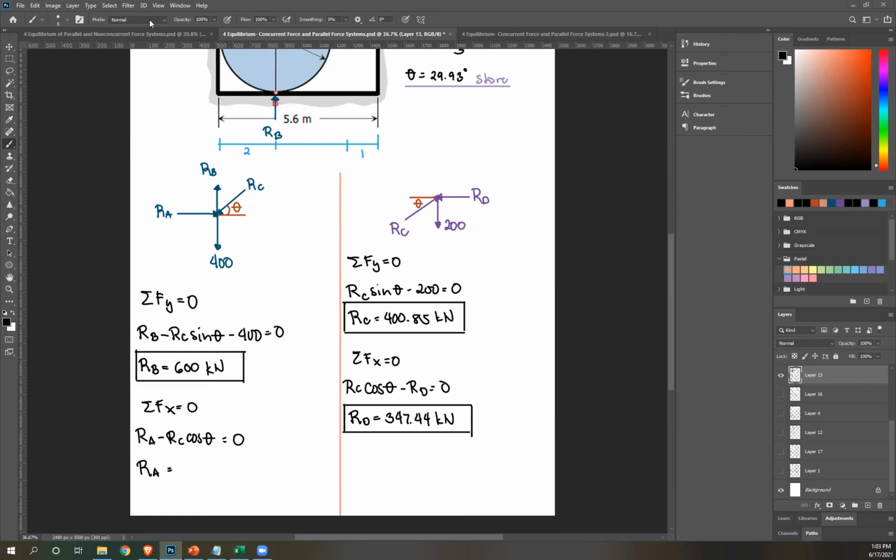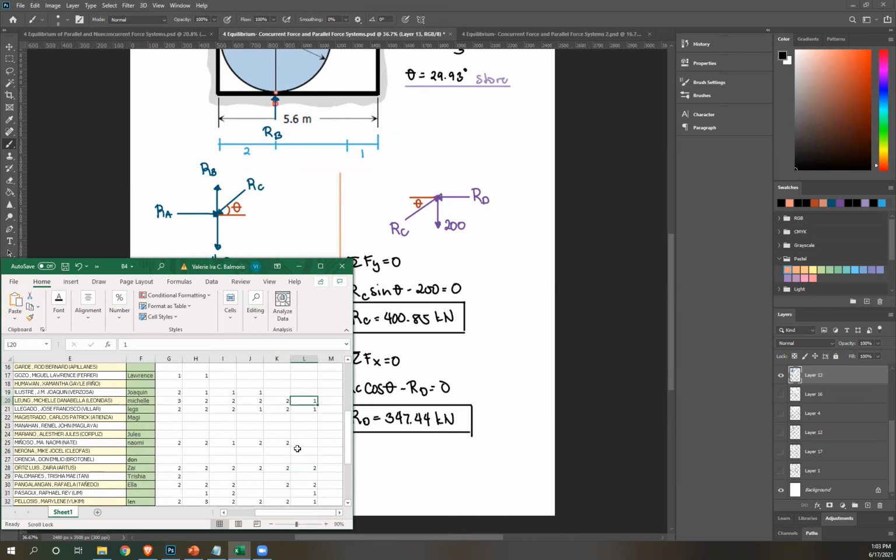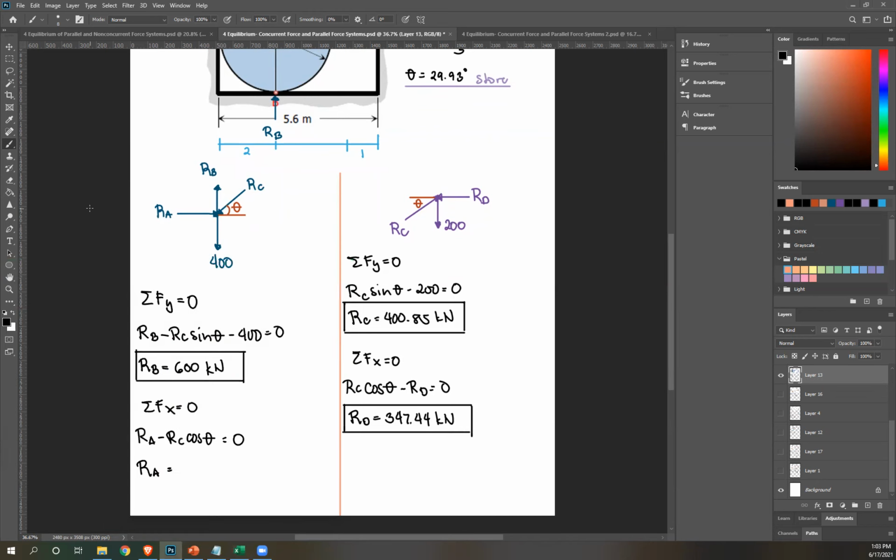So the next one is Rafael. Yes, 347.44. Unit is kilonewton.